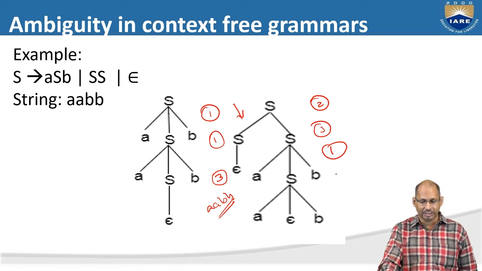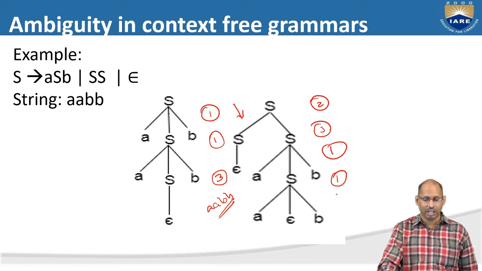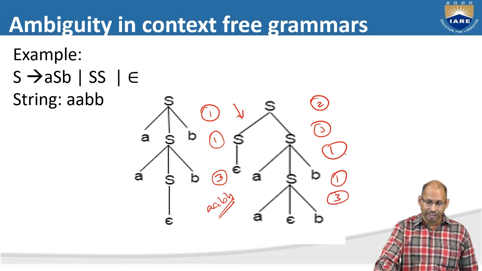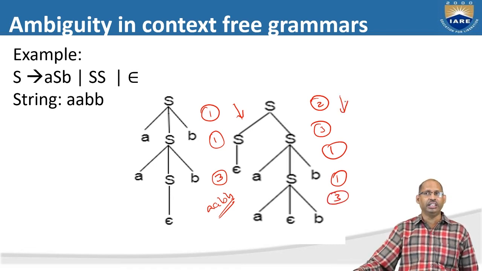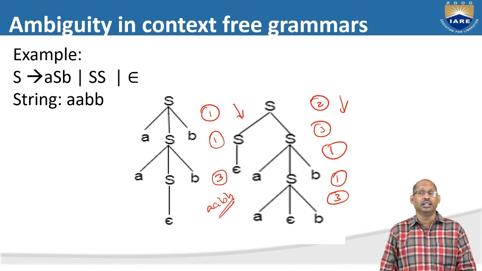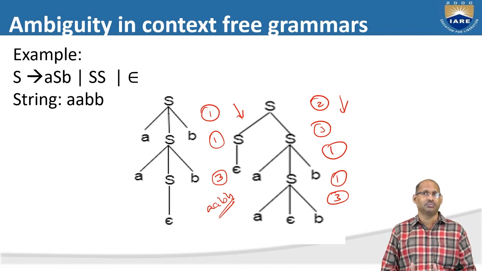Then, once again the first step as gives ASB. Then, finally, we are considering the third step. So here it is also a leftmost derivation by following the derivation steps 2, 3, 1, 1, 3, which means there are more than one leftmost derivation. So the grammar is ambiguous.